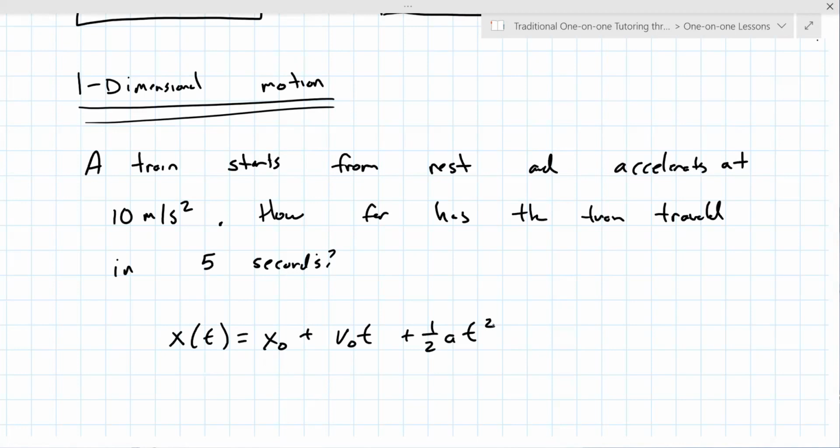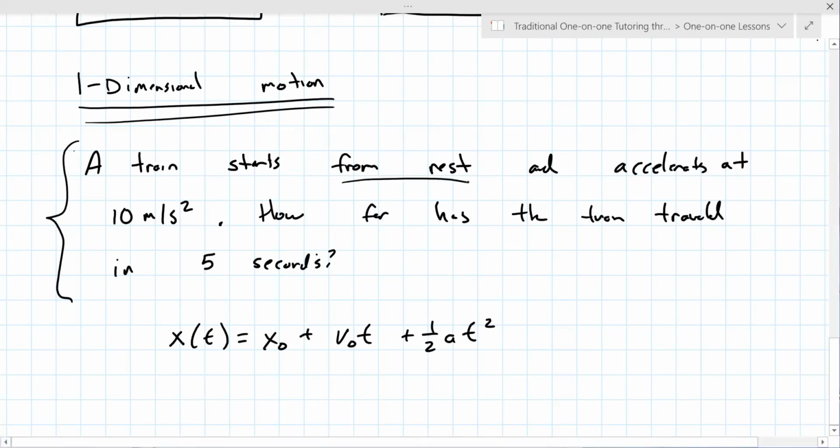All right, so there's a couple of things in here that make this class really difficult. There's a lot more of these story problems that you have to be able to read and understand, and English as a second language is tough. Okay, so if the train is starting from rest, that means that its initial velocity is 0.